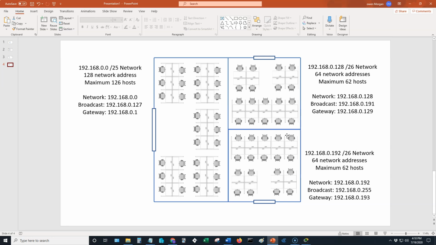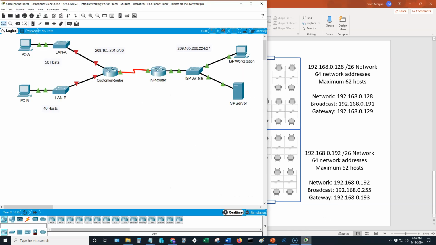The next portion will take the next 64, or start at 192, and go to 255. So hopefully this helps when you're thinking through trying to build subnetworks. Let me go back to our packet tracer environment.